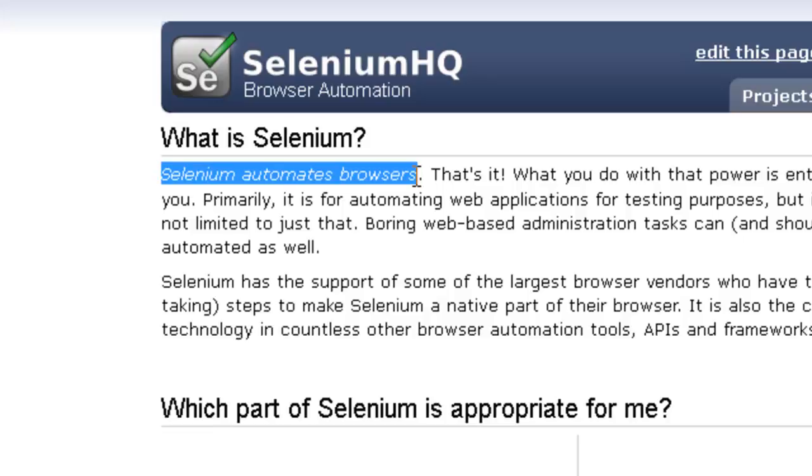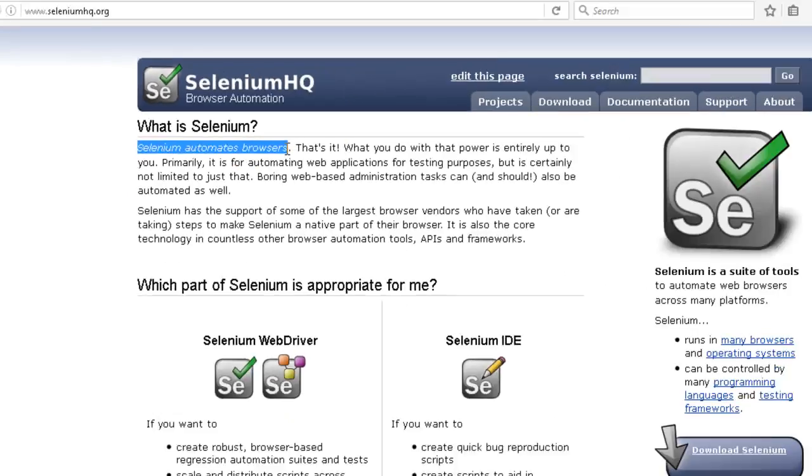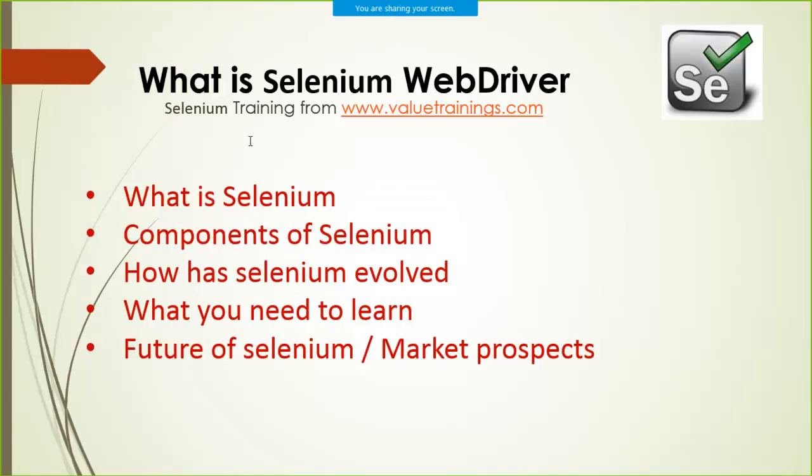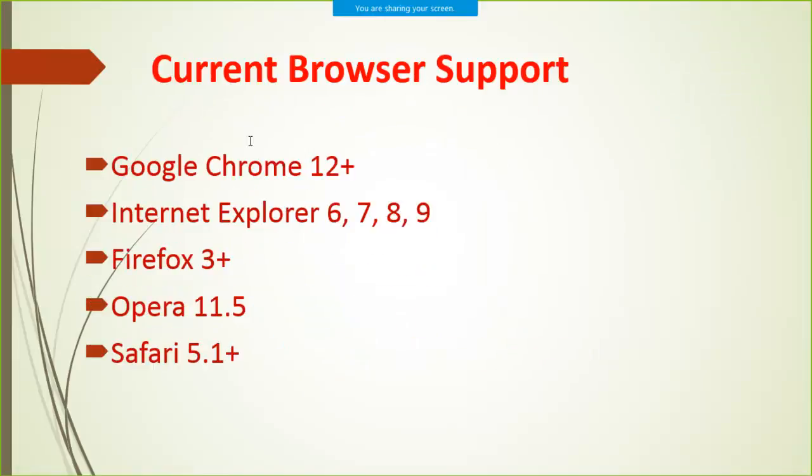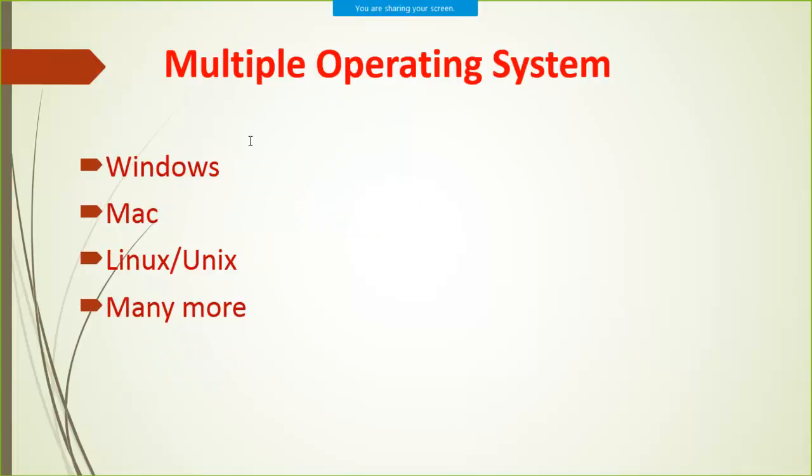Alright, so Selenium is an automation testing tool which will automate your web-based application, and it works on the following browsers. This makes Selenium very powerful because it works on multiple browsers, and along with this it also works on multiple operating systems.